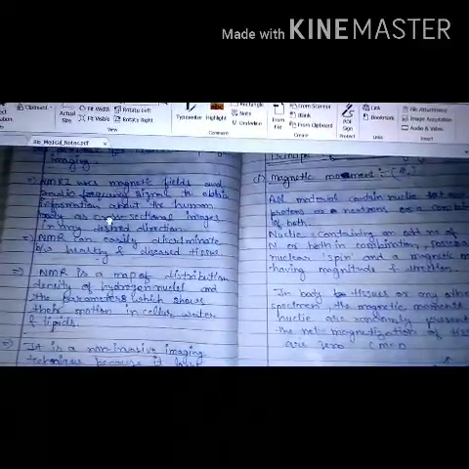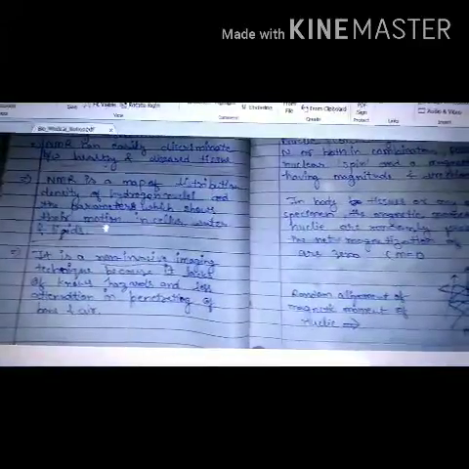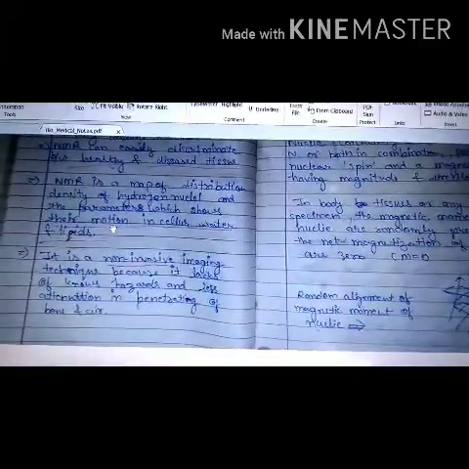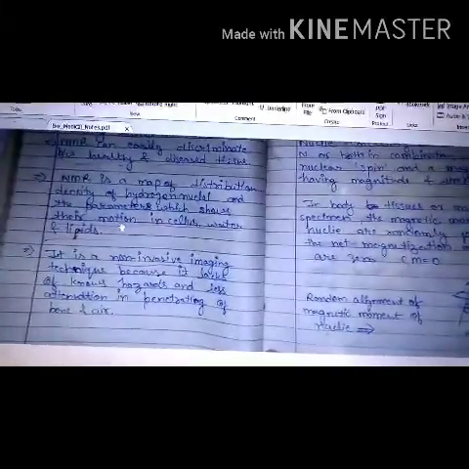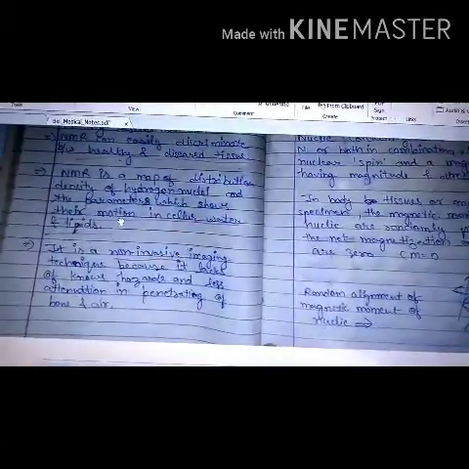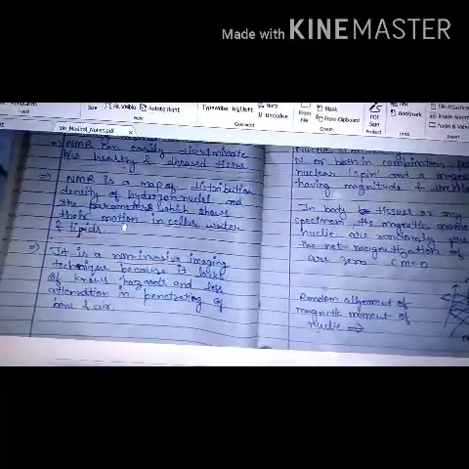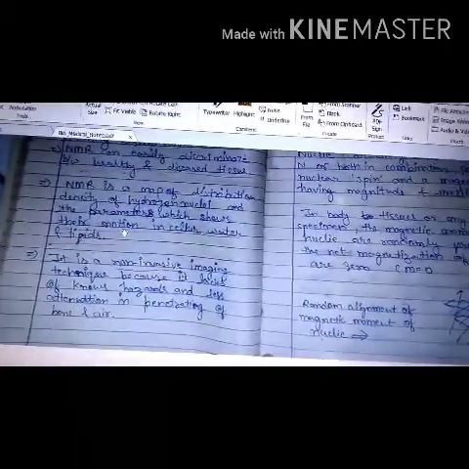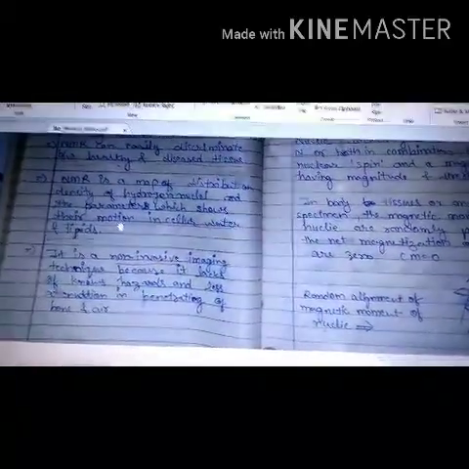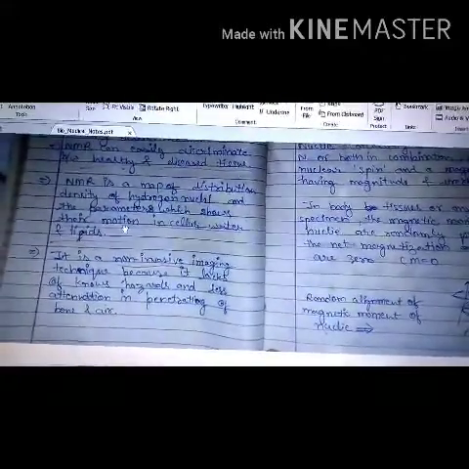Now, the most important thing, it is a non-invasive imaging technique because it lacks any known hazards and has less attenuation in penetrating bones and air. That is, first of all, this is a non-invasive technique, so it will not affect the human body parts.